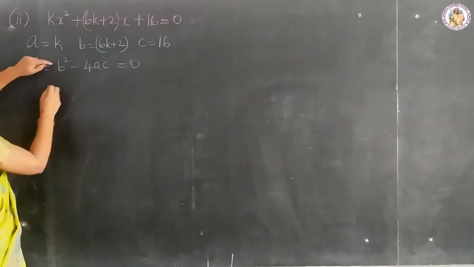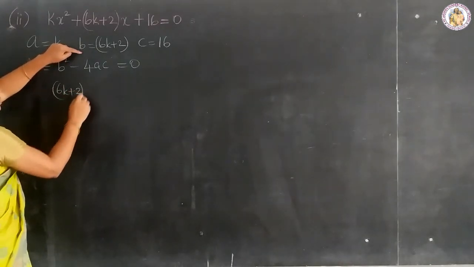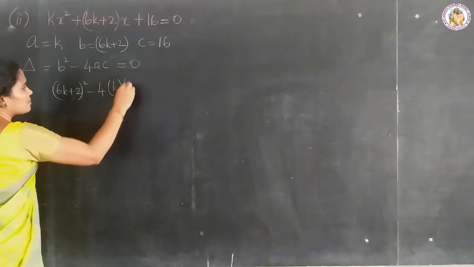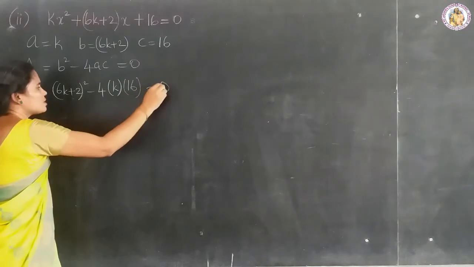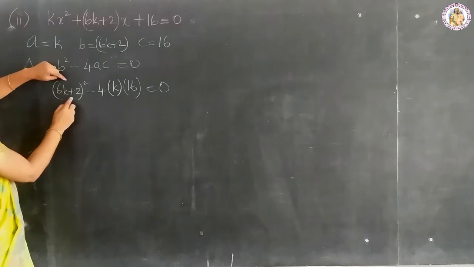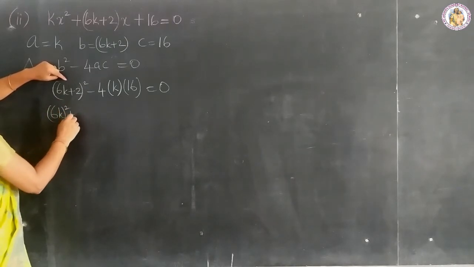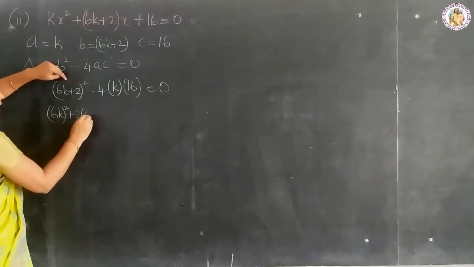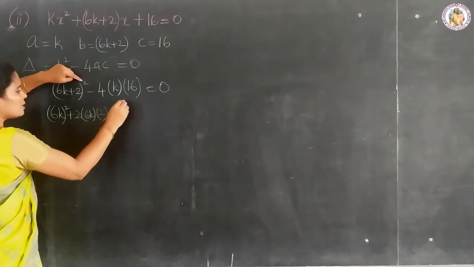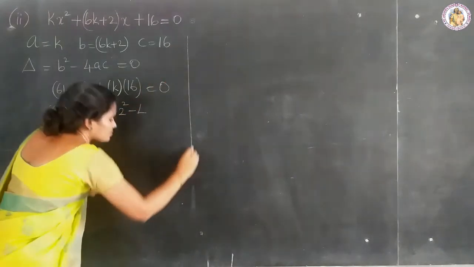So now b square is 6k plus 2 whole square minus 4 times a, which is k, and c is 16, is equal to 0.